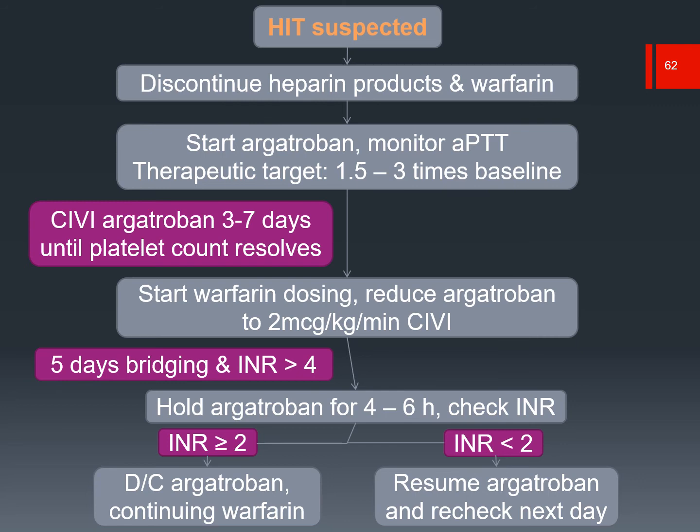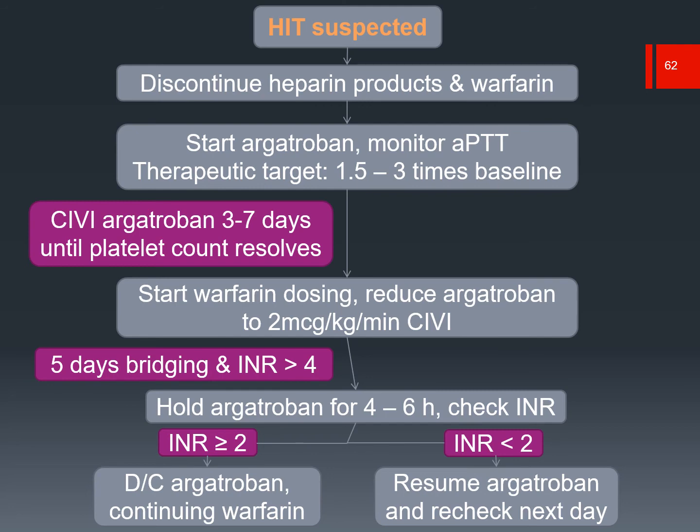If they have suspected or high probability for HIT, we're discontinuing that heparin product and immediately converting them to an alternate anticoagulation therapy. Whatever anticoagulants they are on at the time, we would discontinue, whether it be heparin products or maybe they were bridging onto warfarin. We discontinue all other anticoagulant products and we initiate argatroban.